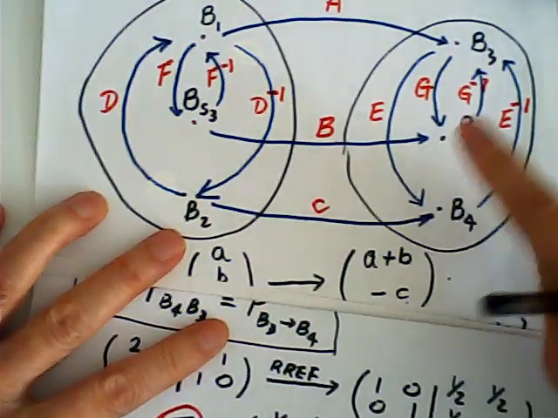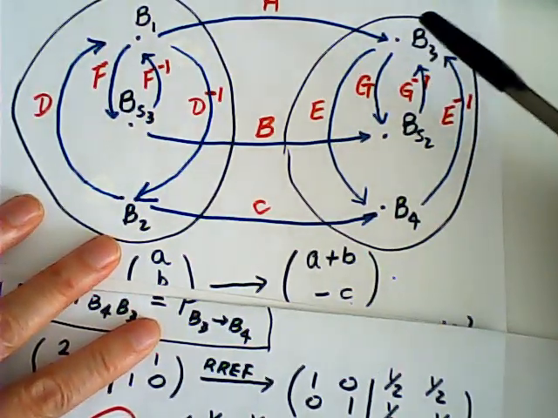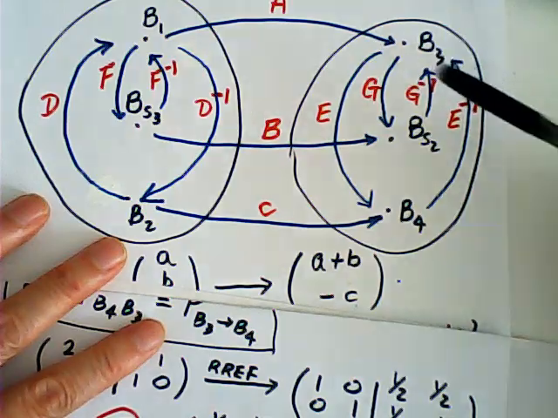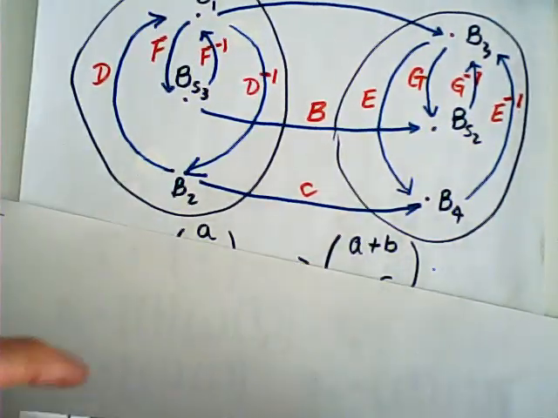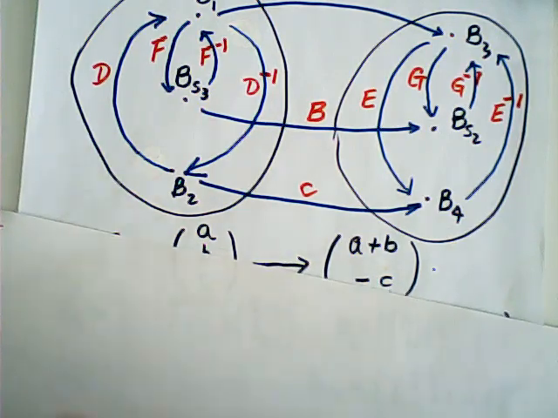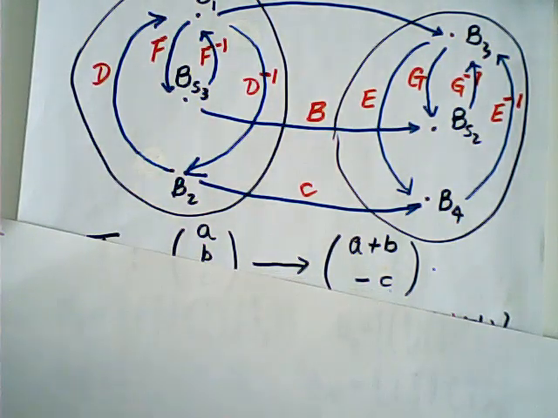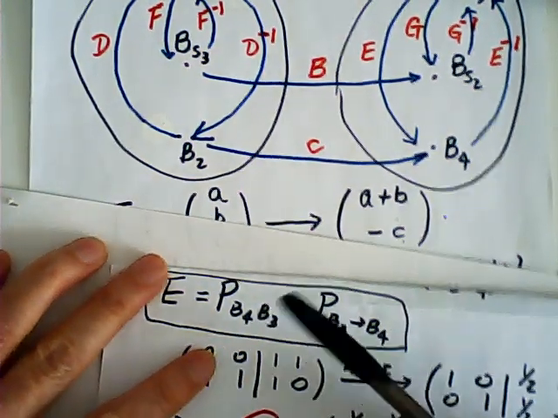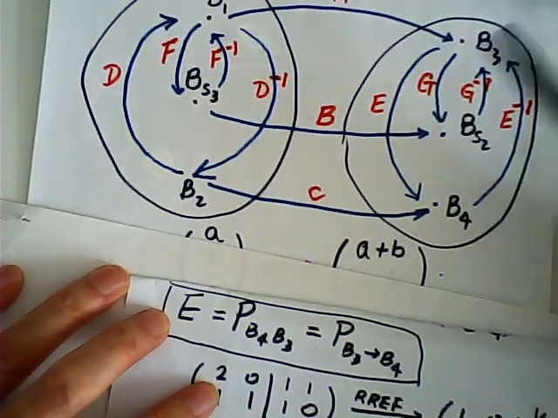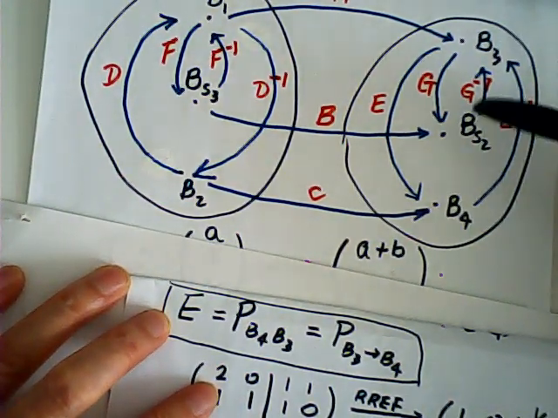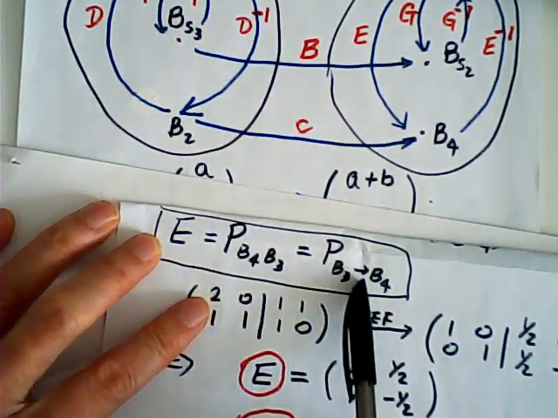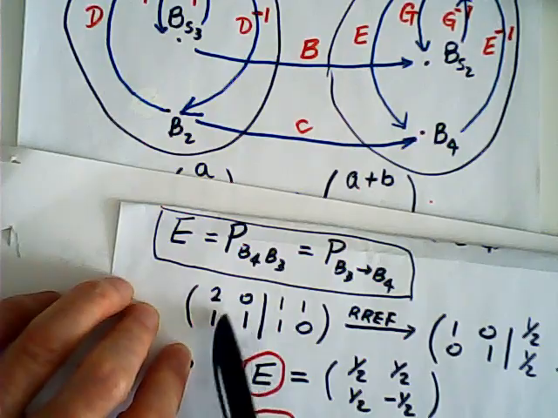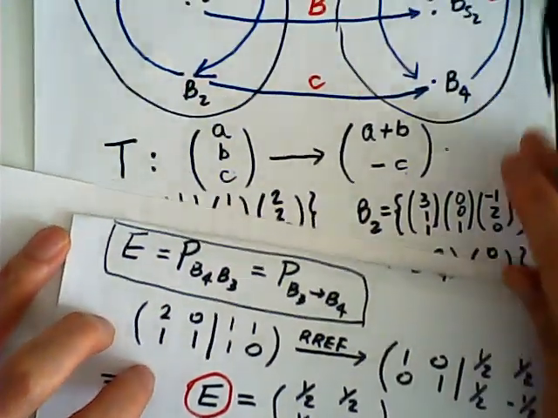What's E? E is a change of basis from basis 3 to basis 4. So let me show you. Okay, E is a matrix changing basis 3 to basis 4. This is one way of writing, and this is another way of writing it. Now, how to get it? It's very easy.